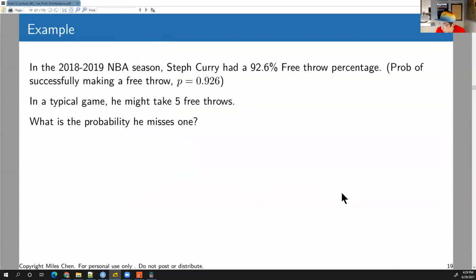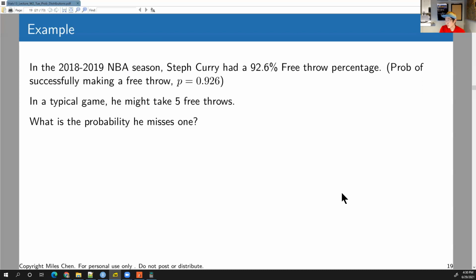Okay, all right, so let's try an example here. I'm a fan of basketball, and I'm a big Lakers fan, but I have great respect for the other teams. Steph Curry plays for the Golden State Warriors, and when he is healthy and doing well, he is perhaps one of the best shooters in the league, and possibly of all time.